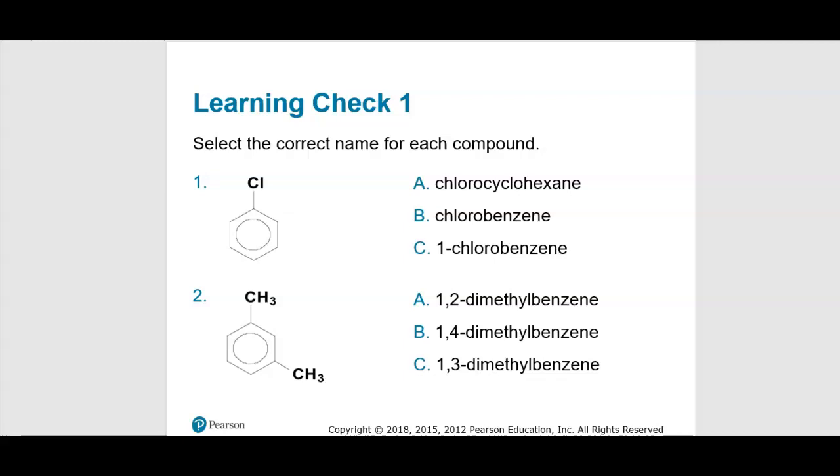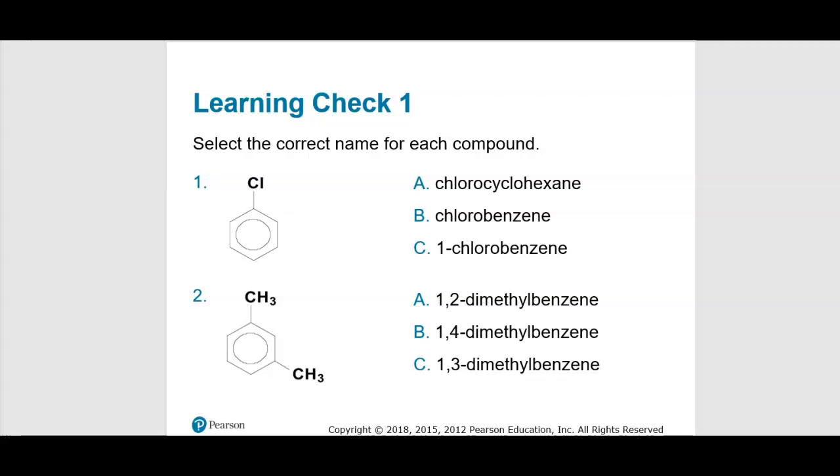But let's just finish up by going through some of these learning checks. Let's select the correct name for each compound. You have chlorocyclohexane, chlorobenzene, or 1-chlorobenzene. Remember, if there's one substituent on a benzene ring, you really don't need the 1.